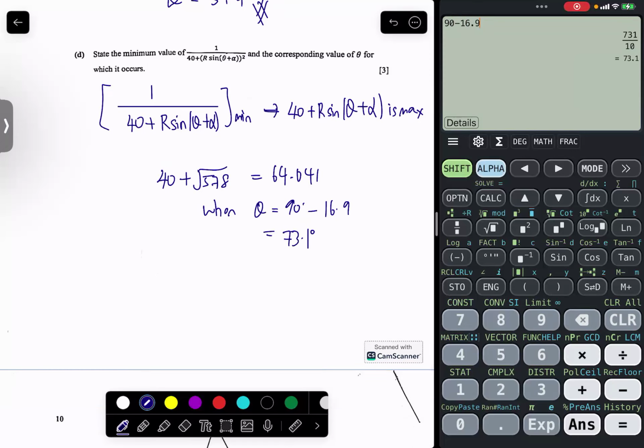So that will be 1 over 64.041 minimum at 73.